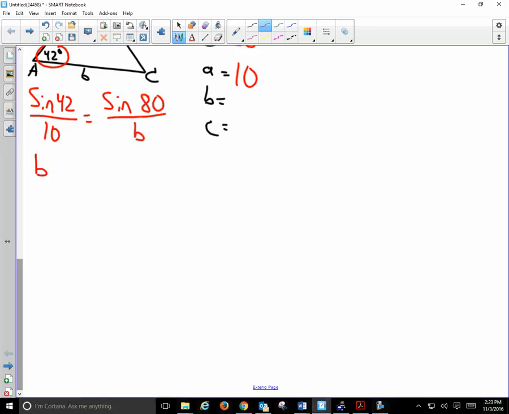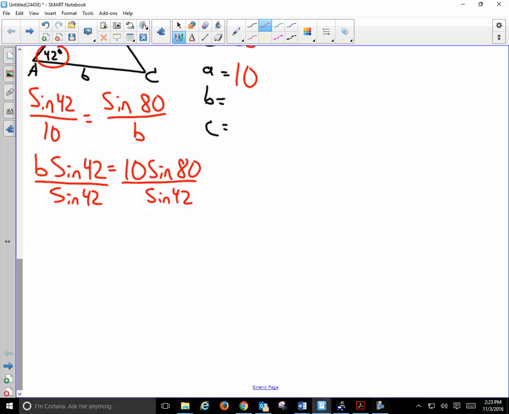I got B times the sine of 42 is equal to 10 times the sine of 80. How do I solve for B? Divide that sine of 42 off. I get B is equal to 10 sine of 80 over sine of 42.